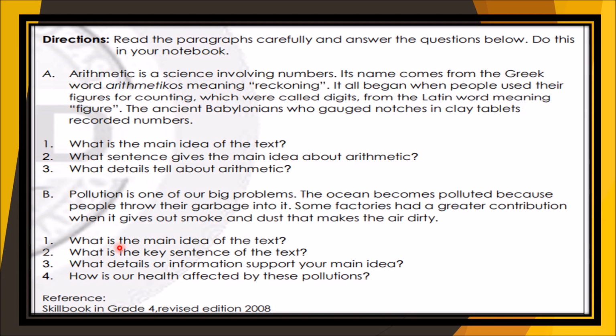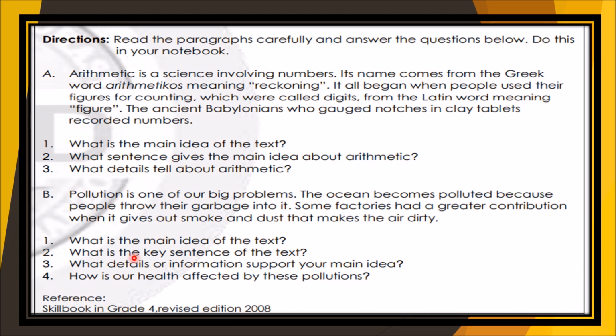So, the main idea, you can find it there. Pollution, one of our big problems, and we can also find the key sentence in the first sentence of the paragraph.